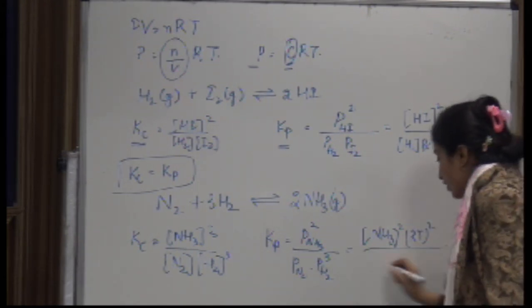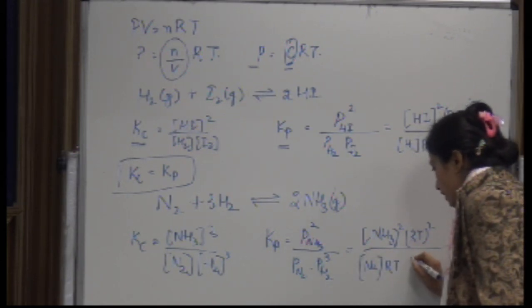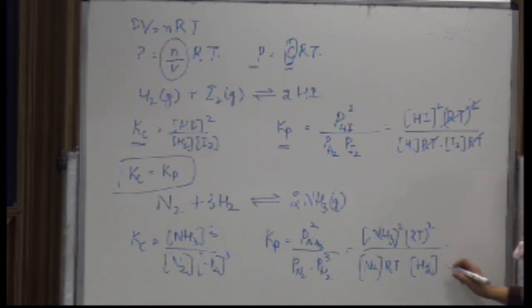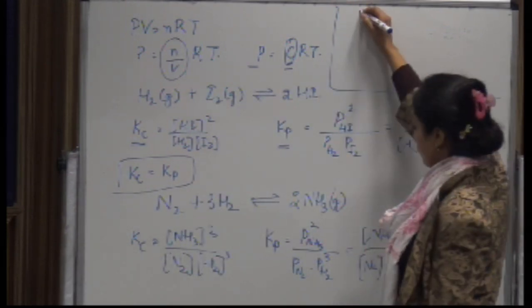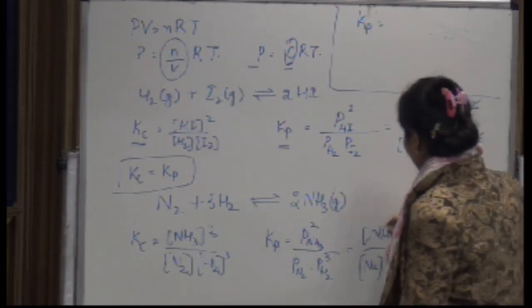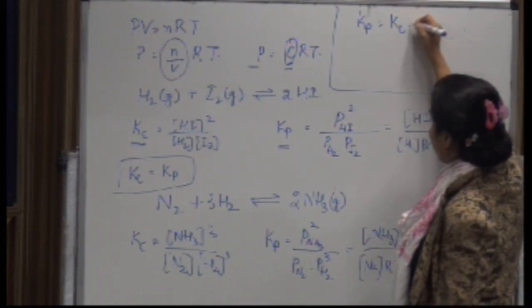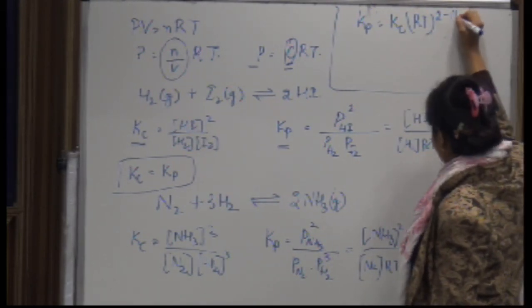The pressure of N2 will be equal to concentration of N2 into RT, and H2 will be equal to concentration of H2 whole cube into RT whole cube. Working it out, you have Kc terms because you have all the concentration terms. Kp is equal to Kc into RT to the power 2 minus 1 plus 3.